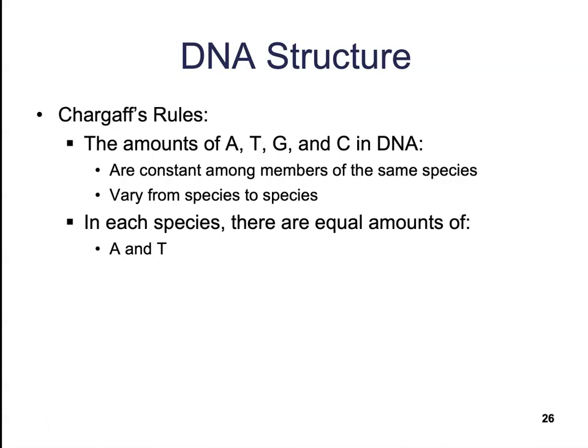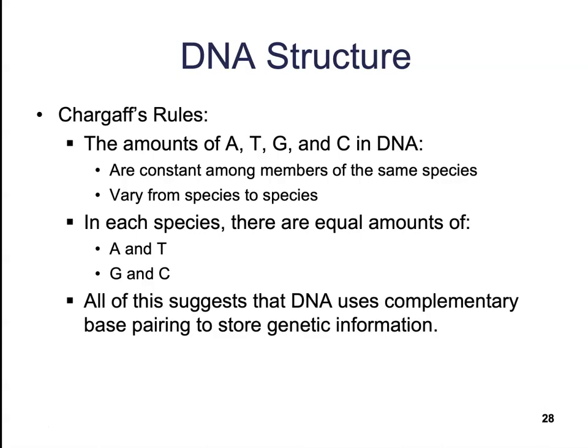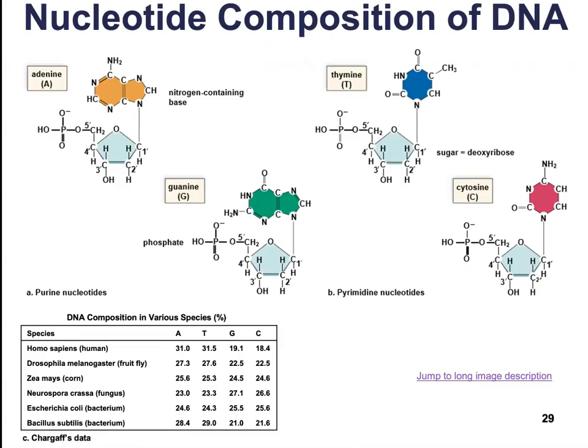He also noticed that human DNA was 30% adenine and also 30% thymine, only 20% guanine and 20% cytosine. So there are always going to be equal amounts of adenine and thymine, and always equal amounts of guanine and cytosine. All of this suggested that DNA uses complementary base pairing in order to store genetic information.